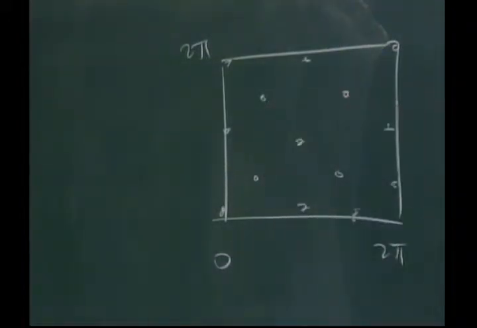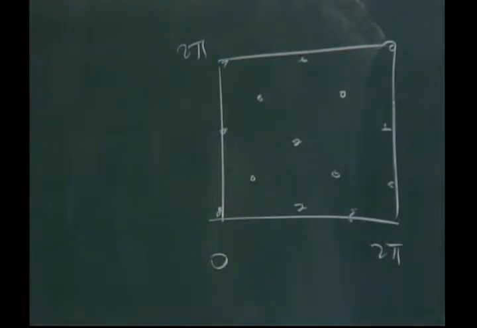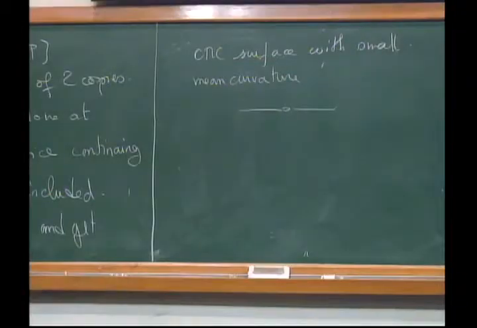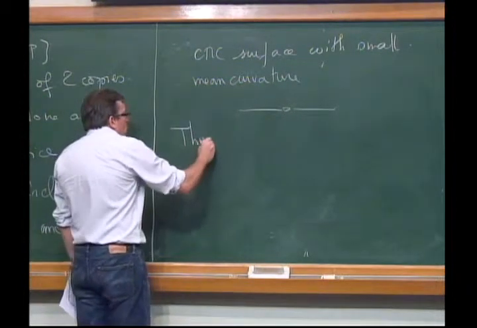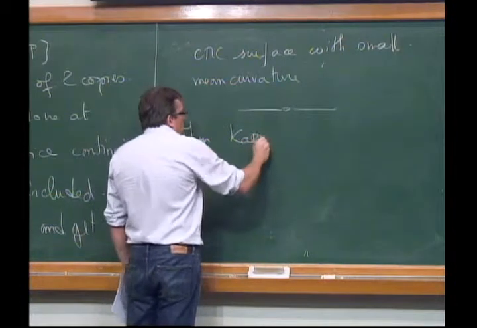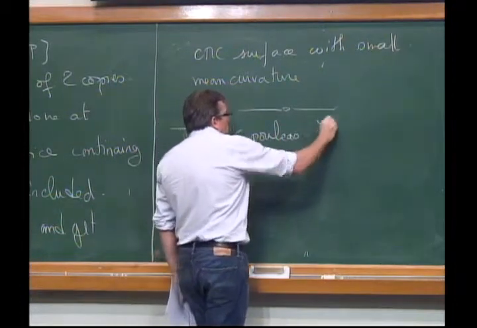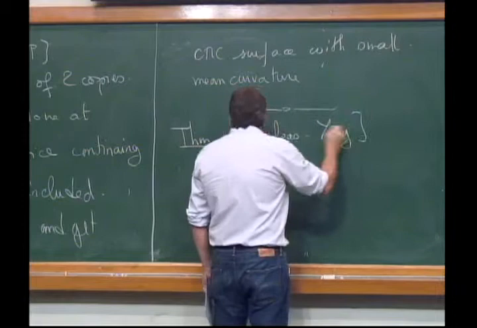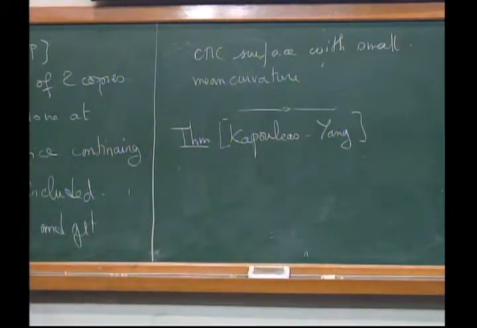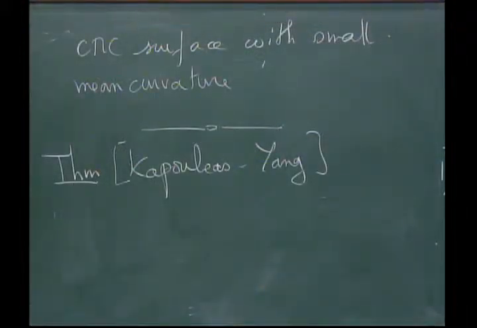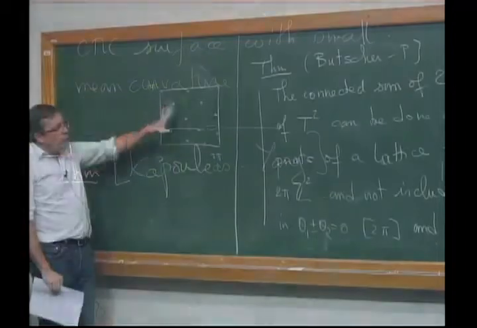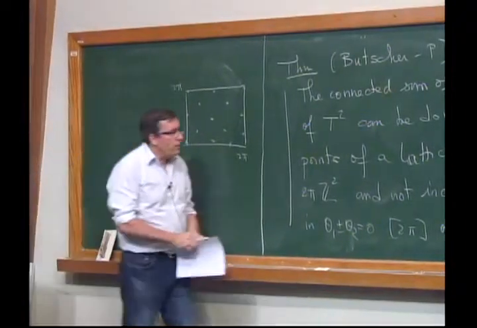So now I'm going to talk about something which is slightly different. This is a slightly more elaborate version of this, and it is due to Kapouleas and Yang. The claim is that if you perform the connected sum at a lattice that has enough points, then in fact what you can obtain is not a constant mean curvature surface, but a minimal surface.